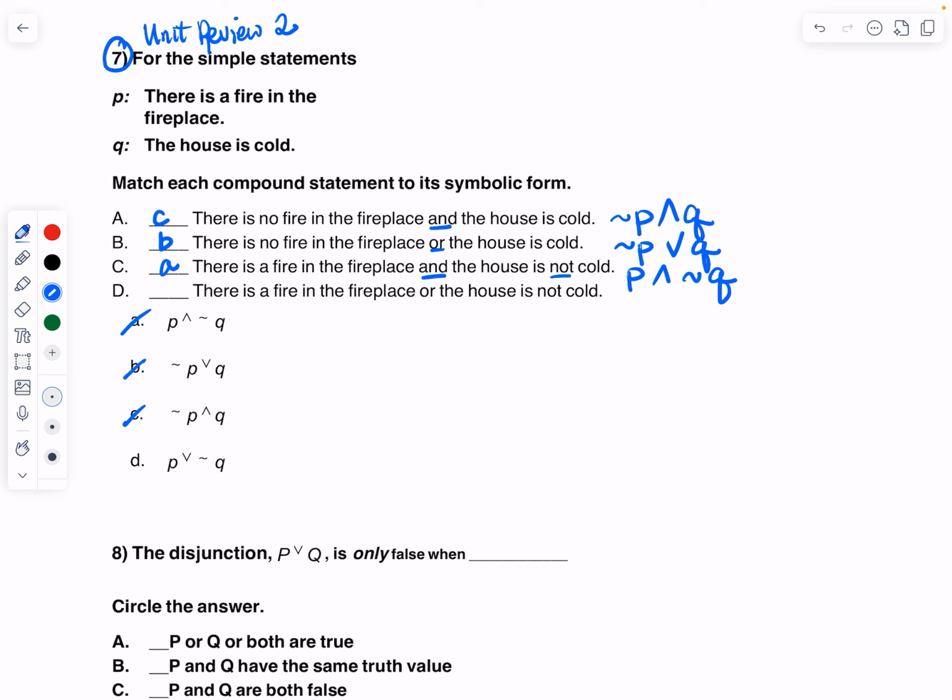So there is a fire in a fireplace is P, or the house is not cold is negation Q. And that would be choice D. So the answer would be capital letter A with C, capital letter B with B, capital letter C with A, and capital letter D with D.